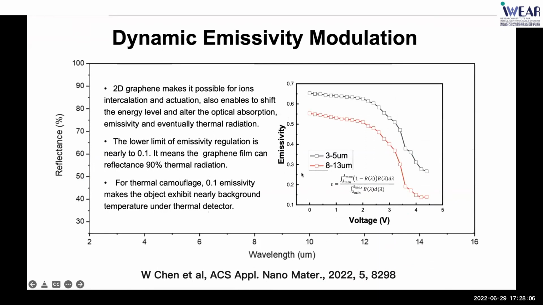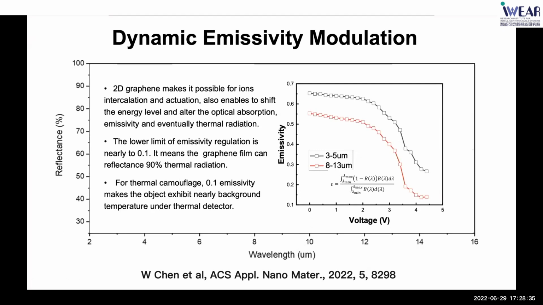The reason is obviously that the 2D graphene allows ion intercalation and causes the actuation. And the ions can also shift the energy level and change the optical properties, and thus the emissivity and thermal radiation control.